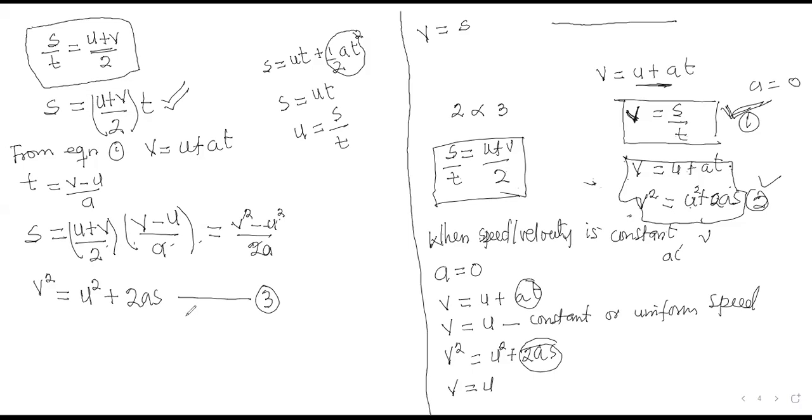A racing car increases its speed at a uniform rate from 30 meters per second to 40 meters per second in 5 seconds.